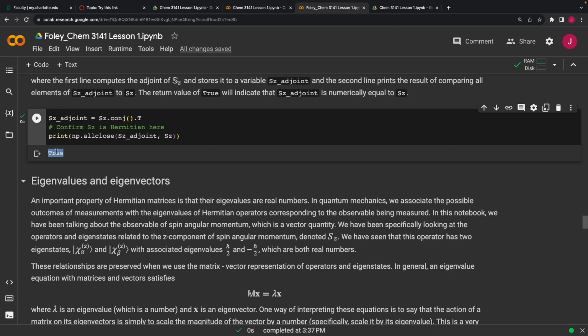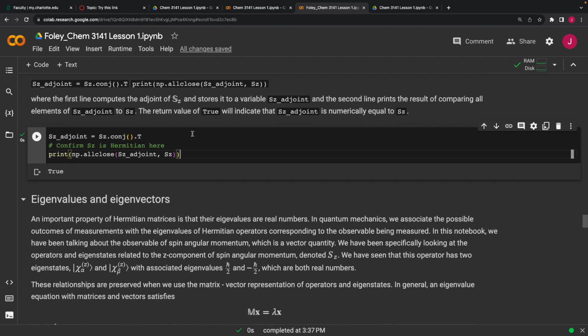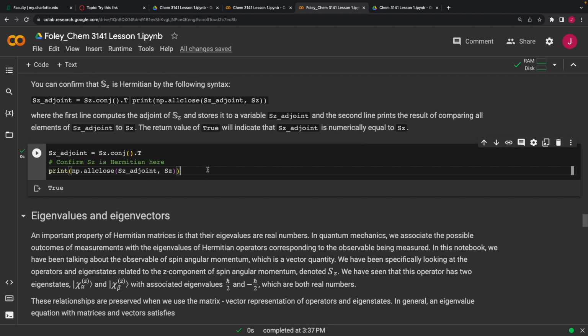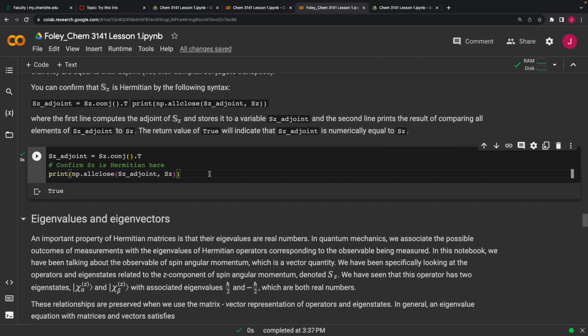So yes, what was I going to say? So this allclose. Comparing numbers in a computer is treacherous business because there's finite precision that the computer can use to represent any given number. So comparing SZ to its adjoint would probably be fine. They would probably look exactly equal to a computer. But a lot of times with computations you've got these factors of h bar in here, which are like 10 to the minus 34, and then you've got other numbers like the speed of light, which is like 10 to the 8.